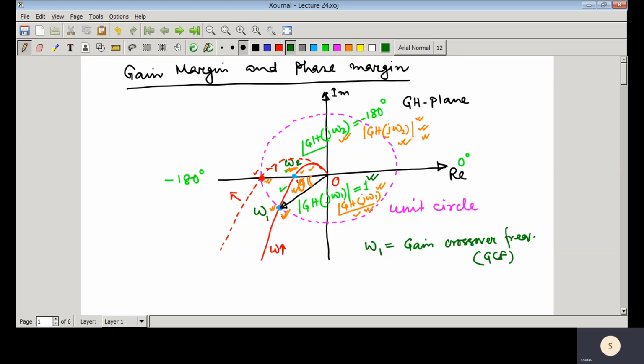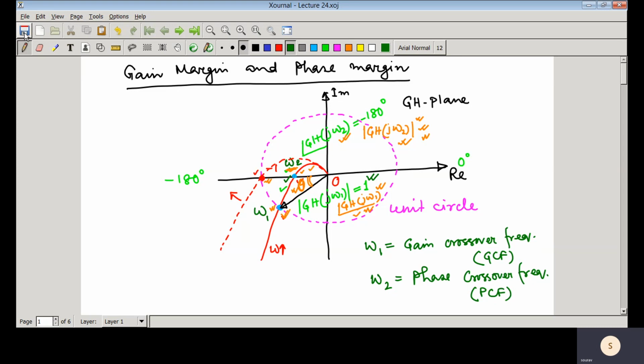So that means that frequency where the gain is equal to 1 is the gain crossover frequency, and omega 2 is called the phase crossover frequency. That is the frequency where the phase is equal to minus 180 degree. So this is that point, abbreviated as PCF.